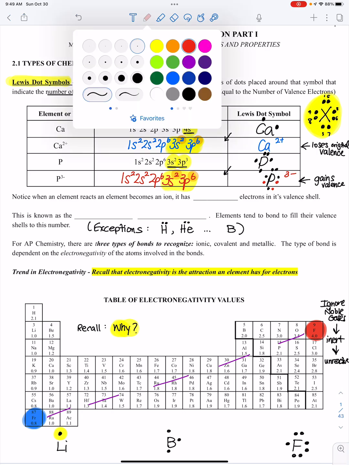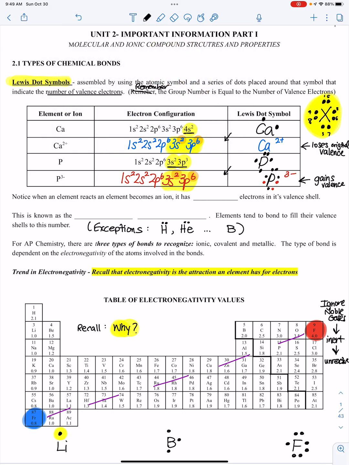Now, another thing to notice is, and I was pointing out that in these valence shells there were 8 electrons here. 2 and 6 is 8. 2 and 6 is 8. Notice when an element reacts, when an element becomes an ion, it has 8 valence electrons in its valence shell. It's going to be a very important number for us. This is known as the octet rule.